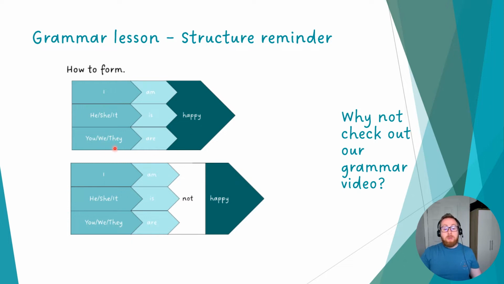You, we, they are happy. Now, if it's negative, something we're not, we add not. I am not happy. She is not happy. We are not happy. We're not happy, we're sad.